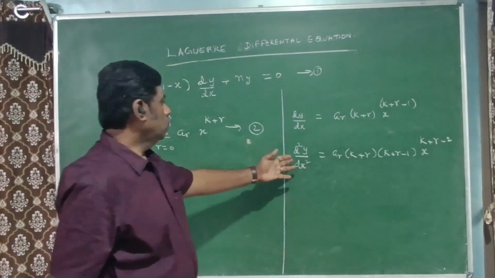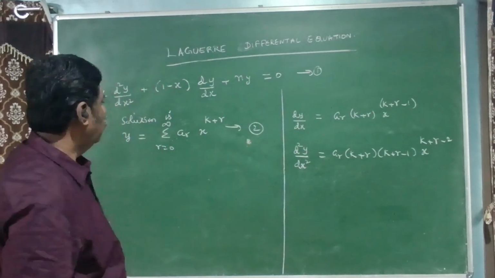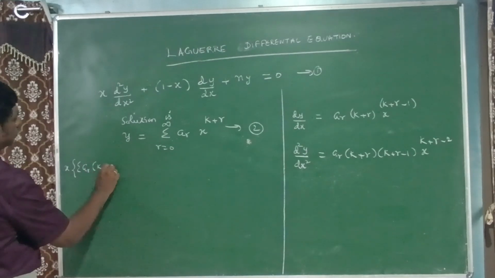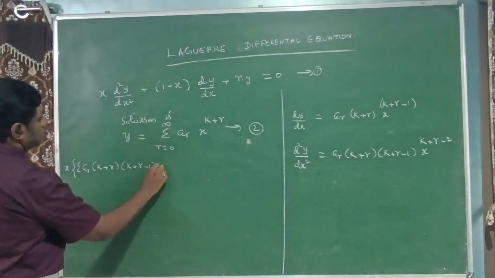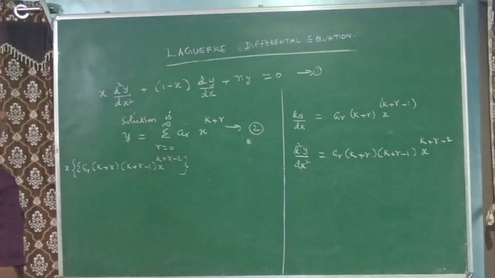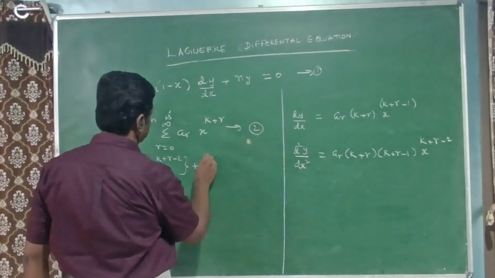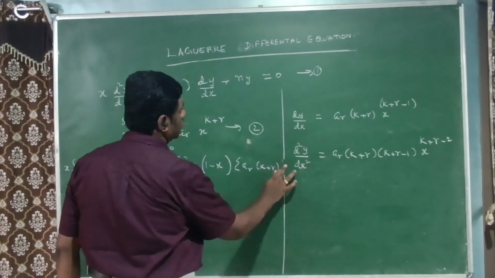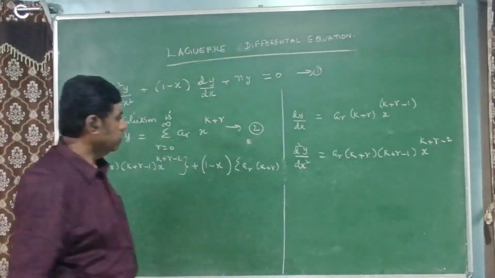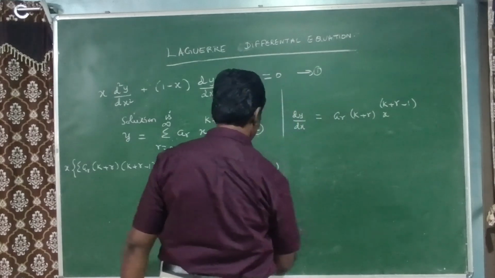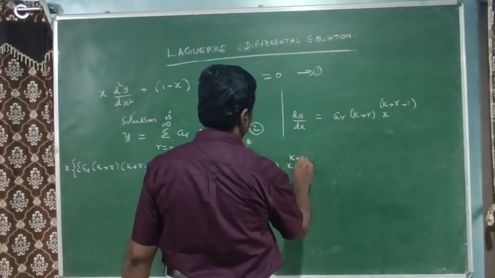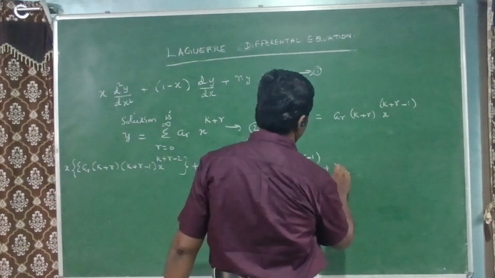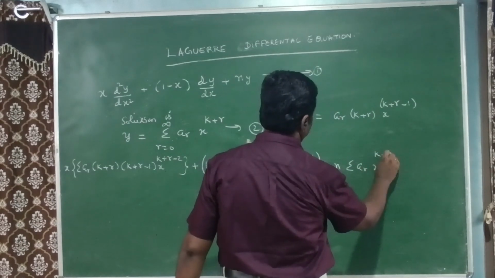Now substitute d²y/dx², dy/dx and y in equation 1. x into a_r (k+r)(k+r−1) x^(k+r−2), this is the value of d²y/dx², plus (1 − x) into a_r (k+r) x^(k+r−1), the dy/dx value, plus n into the value of y, a_r x^(k+r), entire is equal to 0.